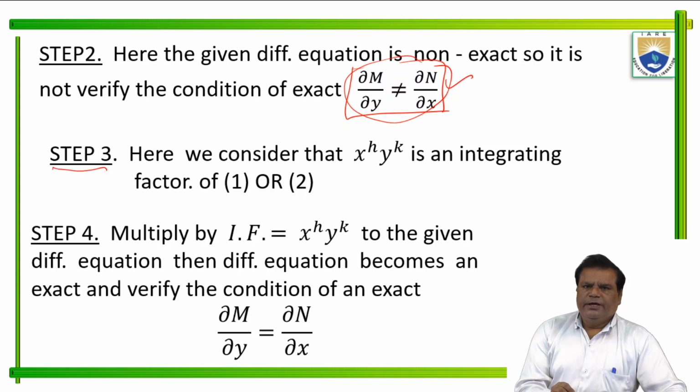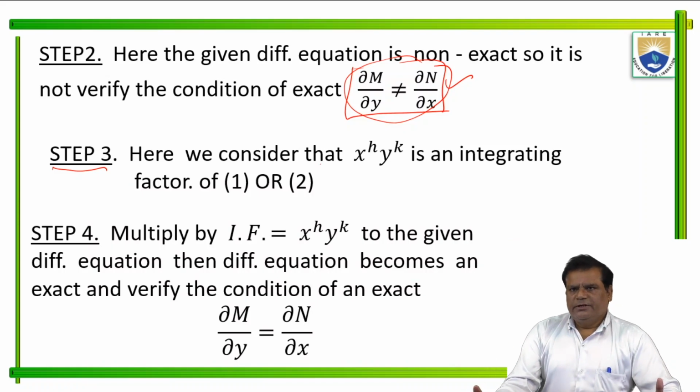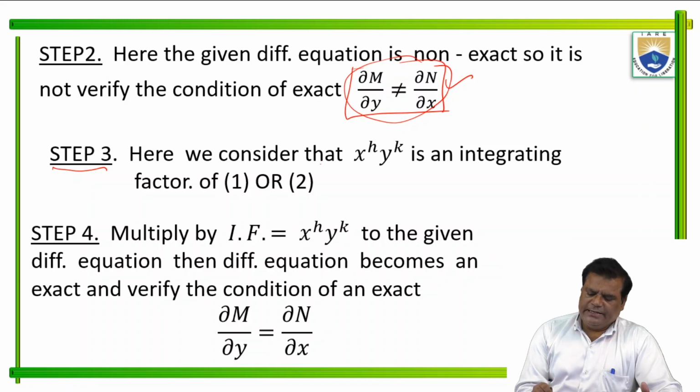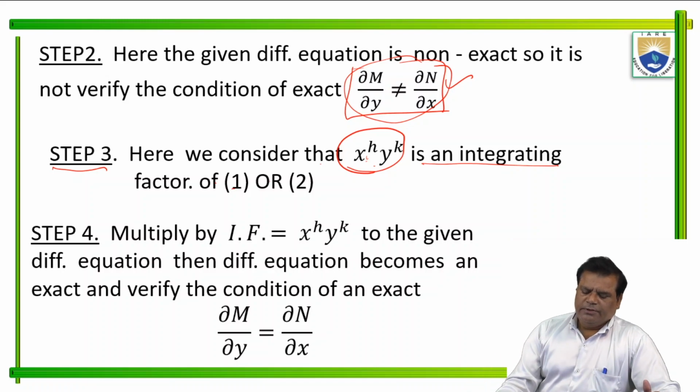Step 3: now we make the given differential equation exact, so we consider some integrating factor. We consider that x to the power h into y to the power k, a function of x and y, is an integrating factor of equation 1 or 2, both of which are the same.